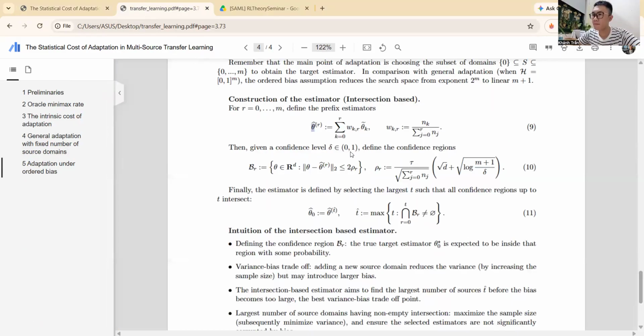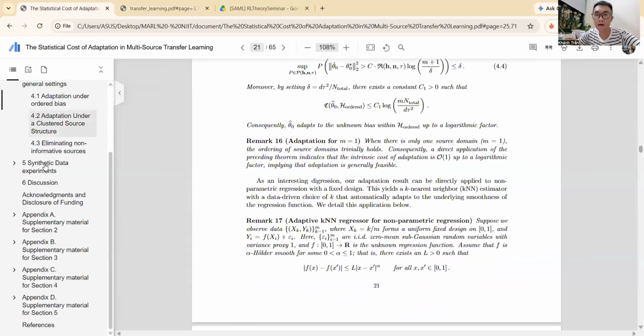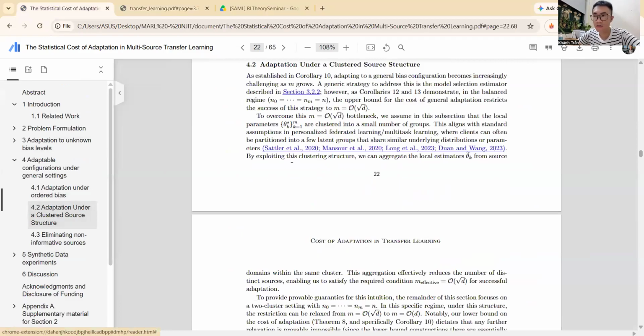In the adaptation under order bias section, for example, if they don't know the order of the bias, then they cluster it to choose the domain.